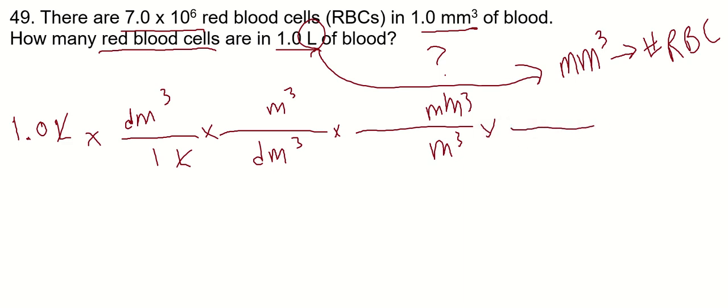And these are going to be a kind of a pain because you're going to have to cube the whole conversion factor. And then we can take the cubic millimeters to red blood cells. Yeah, that was a short way.